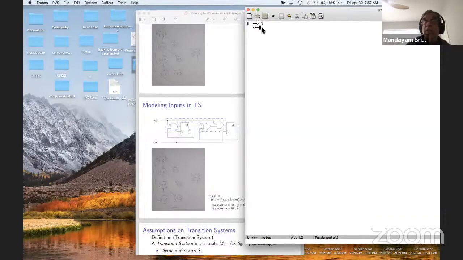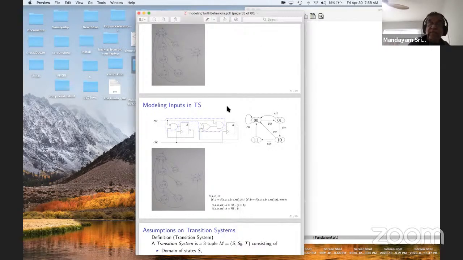I'm sorry, this is not correct. There'll be a transition from 0 to 1 and 1 to 0, as well as a self loop from 0 to 0 and 1 to 1. Because the next value of reset could be either 1, or you can go from 1 to 0, or it can stay in 0, and it can also stay in 1. So that would be what I call a separate modeling of the environment.